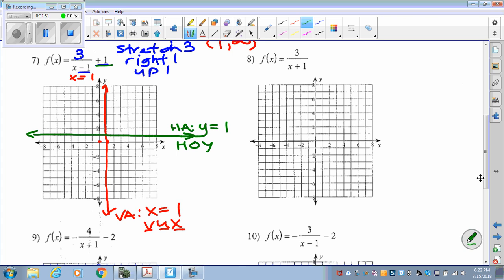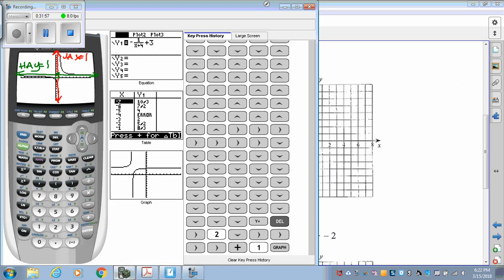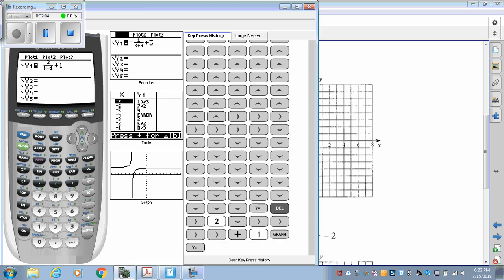And then now if I want to graph and get the exact points, I'll look at the table. So I'll go ahead and put this in. I'll always check, make sure you've got it right by putting in the equation. Okay, so we're looking at number 5. So that was a stretch of 2.